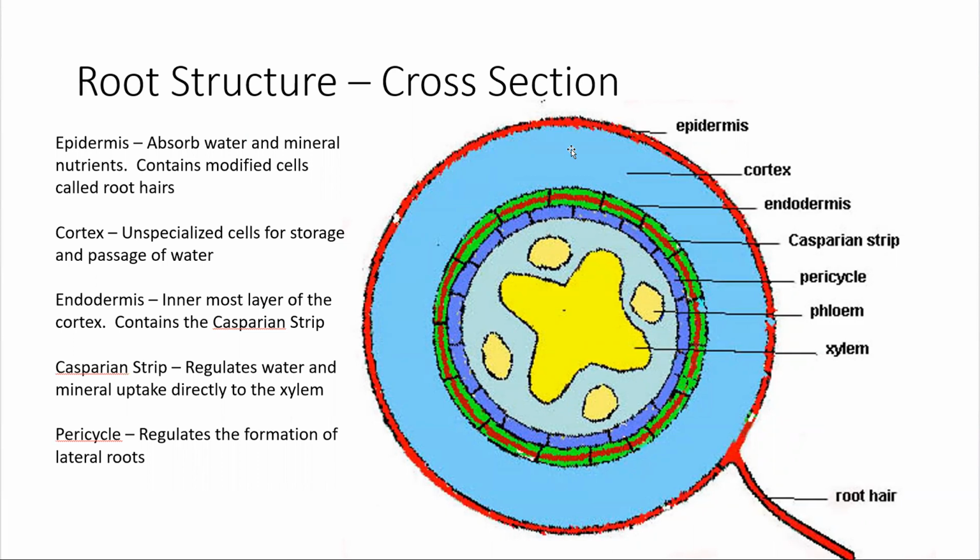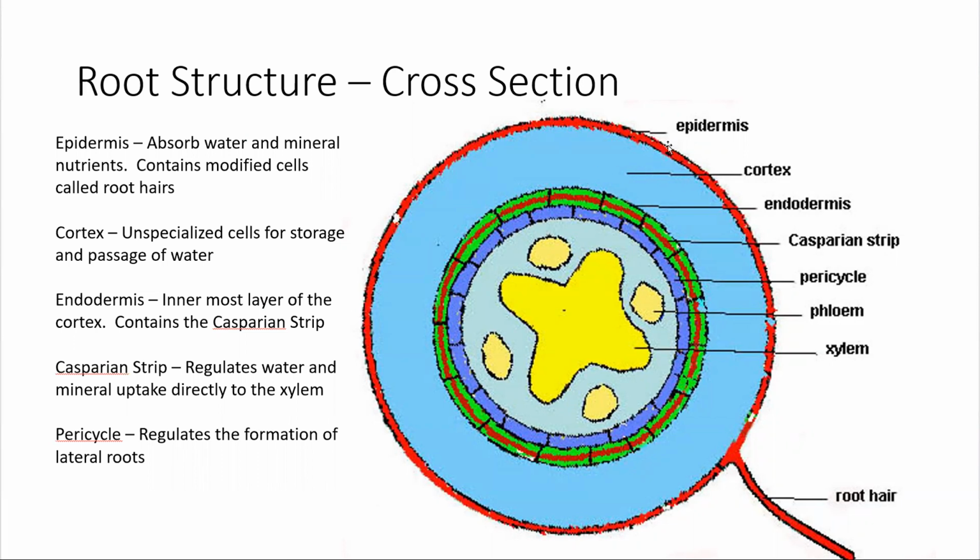Just inside of the epidermis, we have cortex. These are cells that are there for storage and the passage of water. So it's just sort of a buffer zone between the protective layer of the root, the epidermis, and then the endodermis.